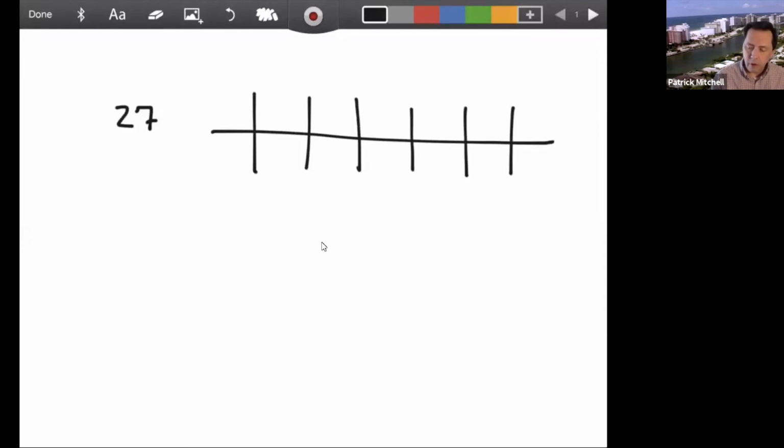So I will start with a 1, then 2, which is 2 to the 1st, then 4, which is 2 to the 2nd, and then 8, 16. I'm going to stop there because 32 is bigger than 27. So I know that to represent the number 27, I'm not going to need any place values 32 or bigger.